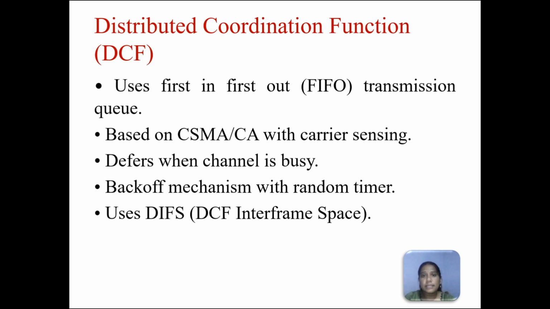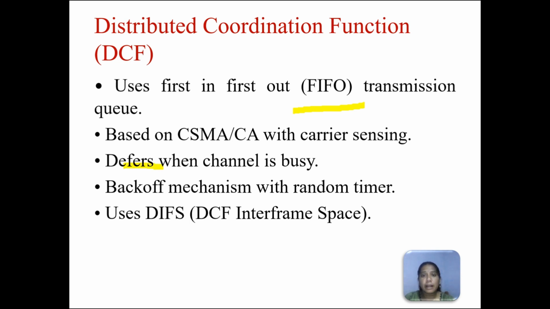So DCF is the fundamental access method of IEEE 802.11. It is based on the principle of carrier sense multiple access with collision avoidance. It uses a FIFO queue for transmission. A station first checks whether the channel is idle. If busy, it defers its transmission.